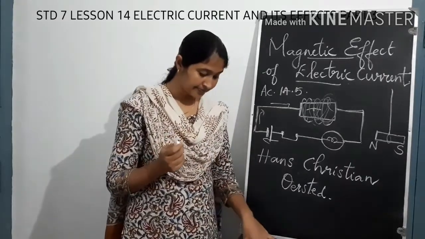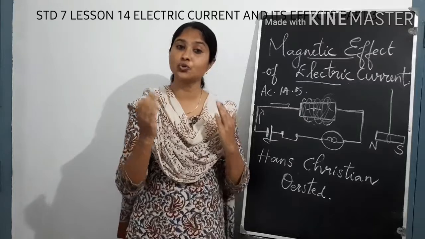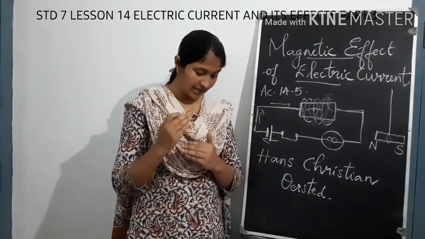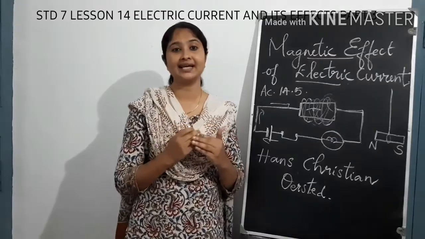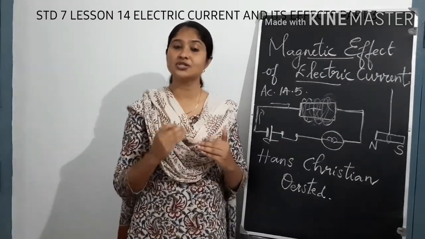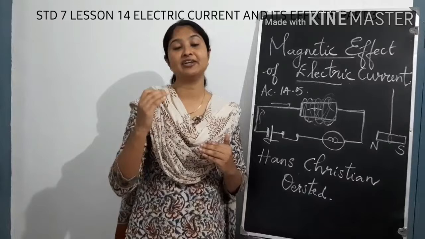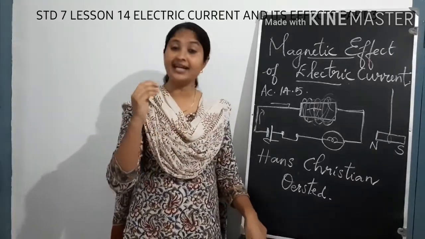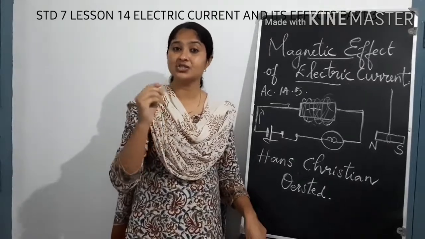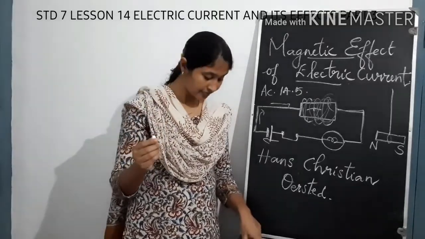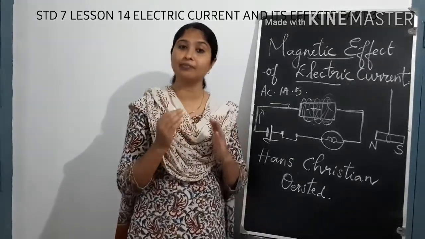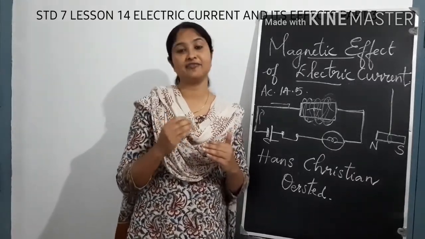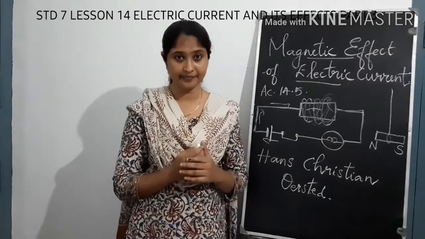So, we say that when the current passes through the wire, the needle shows deflection and it behaves like a magnet. So this is called the magnetic effect of electric current. So what is it? When electric current passes through a wire, it behaves like a magnet, and this is the magnetic effect of electric current.